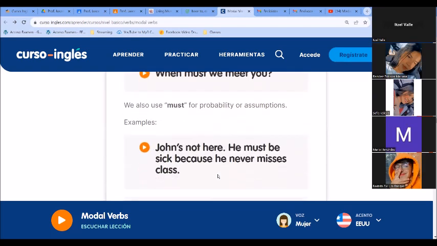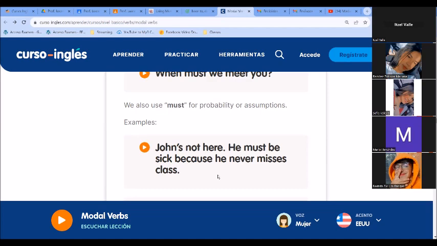Now, must can also express probability or assumptions. And you are being very careful, particularly when it's still in the affirmative form. So John's not here, he must be sick.